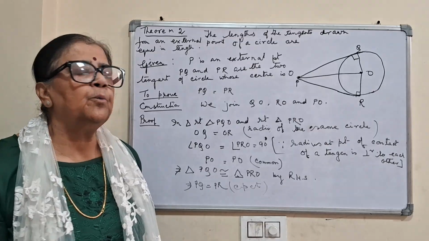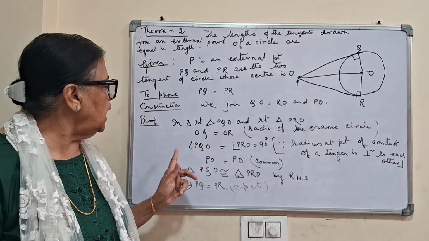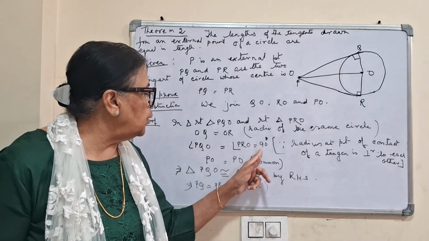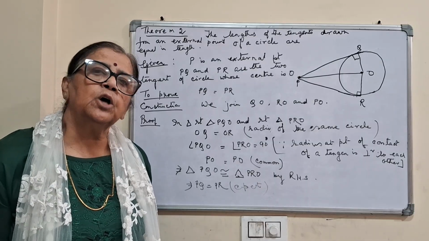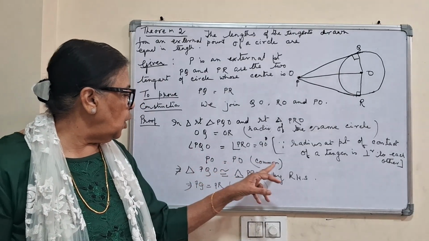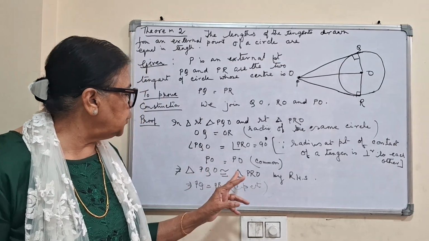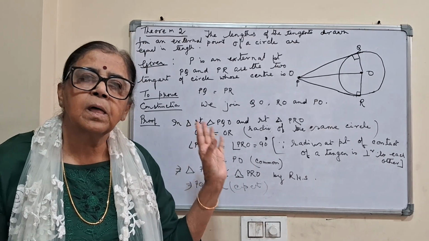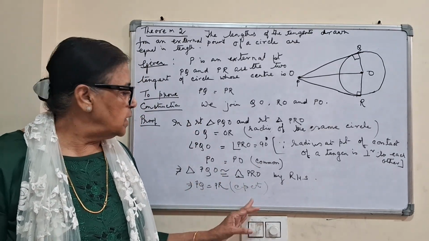OQ is equal to OR, they are radii of the same circle, and angle PQO is equal to angle PRO, 90 degrees, because the radius at the point of contact is always perpendicular. PO is equal to PO, common. Triangle PQO is congruent to triangle PRO by RHS. This implies PQ is equal to PR by CPCT.